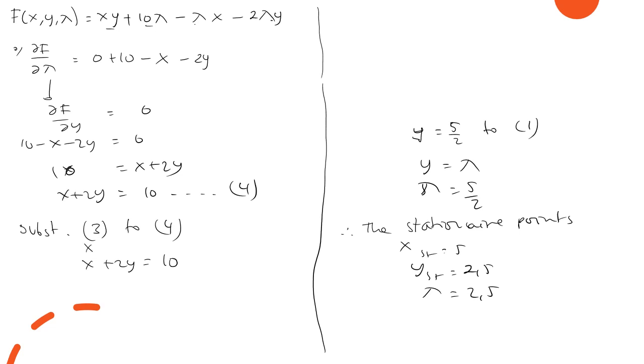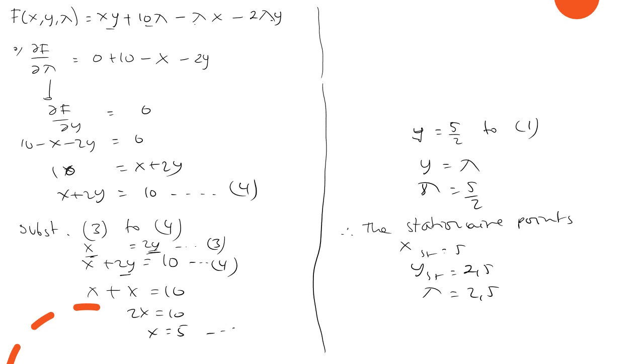This is the third, this is the fourth, right? So change this with the next. x plus x is 10, so 2x is 10, x is 5.